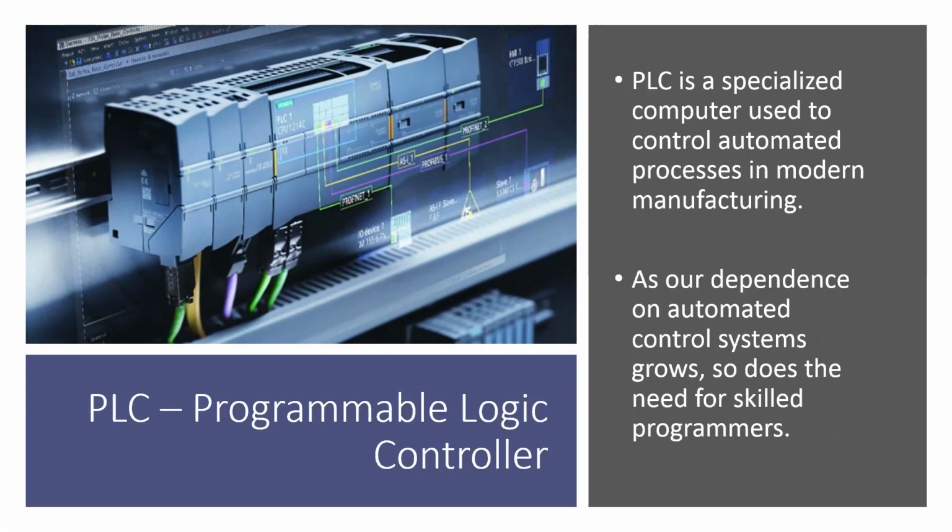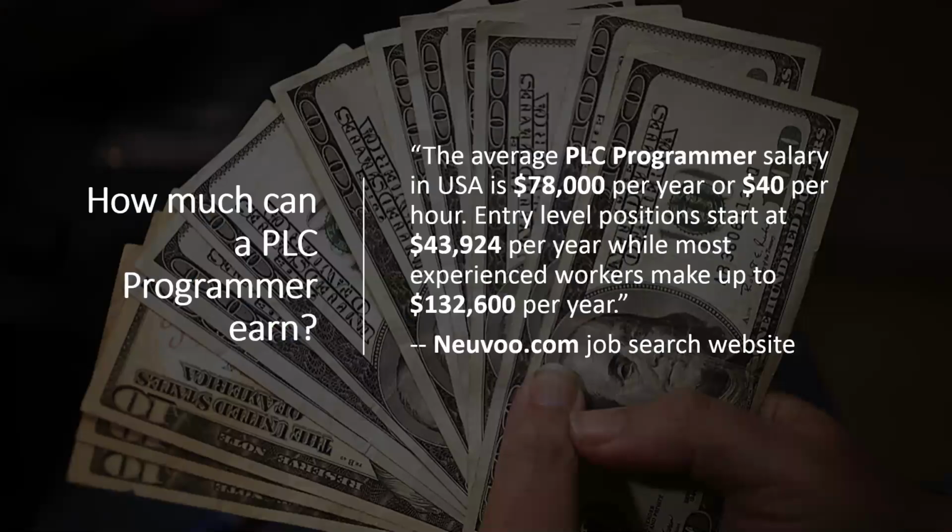Now, as the world of manufacturing becomes increasingly dependent upon these automated control systems, the need for workers skilled in the programming of such systems grows exponentially. Just to get a clear idea of just how highly prized these programming skills are, here are some salary figures for PLC programmers as quoted from job search website nuvu.com.